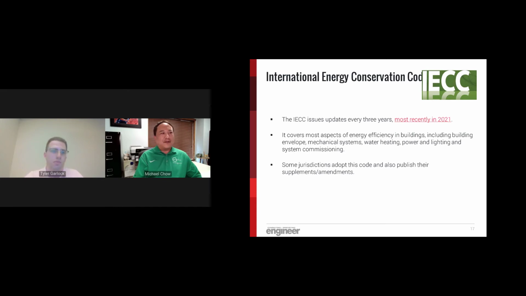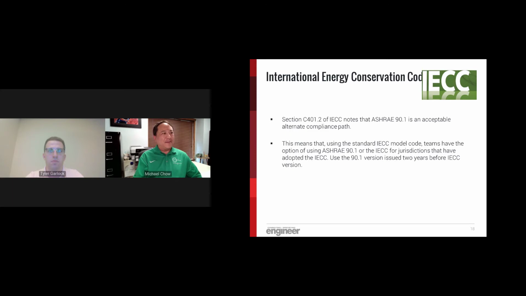And like the other codes that we talked about, this is updated every 3 years, most recently in 2021. And it covers essentially the same type of items that the ASHRAE Standard 90.1 does. And it also states that ASHRAE 90.1 is an acceptable alternate compliance path.